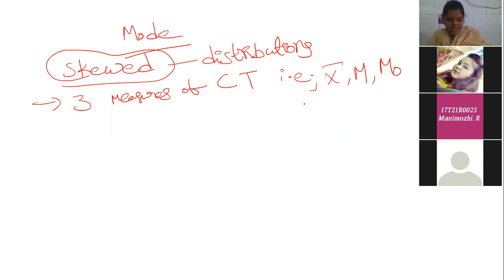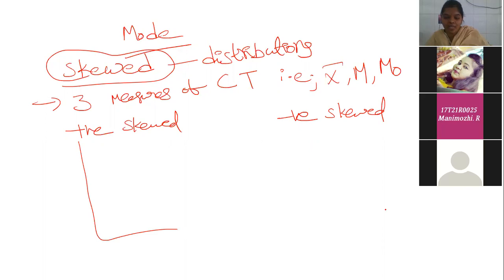In case of skewed distributions, you have positively skewed distribution and negatively skewed distribution. What is the graph denoting exactly in each case? You just draw the graphs.